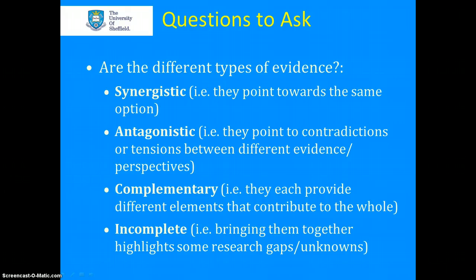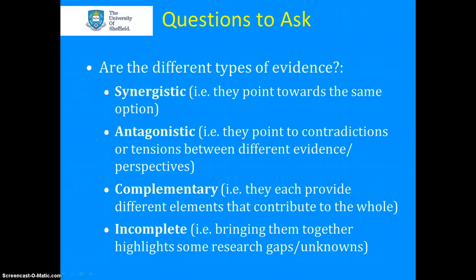On the other hand, they may be antagonistic. A drug, for example, may be very effective, but if people don't take it, if they have a negative attitude towards it, then compliance will be low at a population level, and therefore the effectiveness will be diluted. And so if considering an alternative option that may be less effective in laboratory terms, but in the real world is more acceptable, it may be that you settle for an option different from the one that the effectiveness information first points you towards.